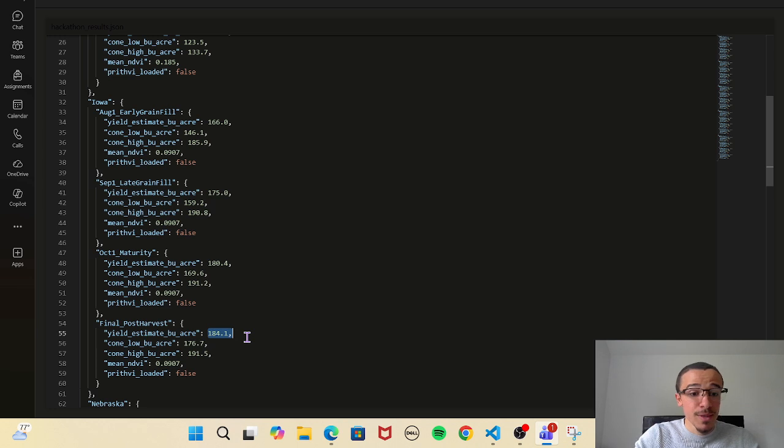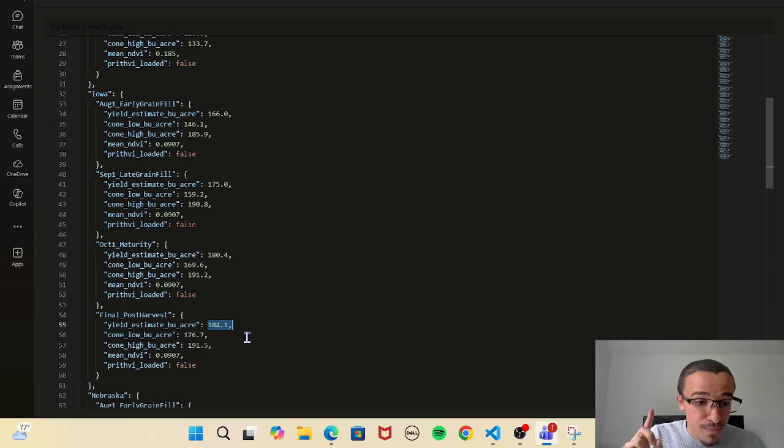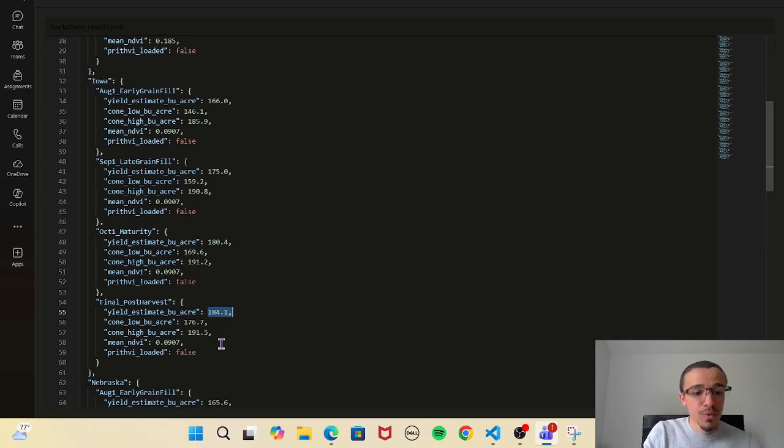So our final estimate is about 18 bushels per acre higher than the initial estimate. However, the cone of uncertainty is only 8 plus or minus instead of the 18, which is huge. It just goes to show how confident the AI model is becoming over time with more information.